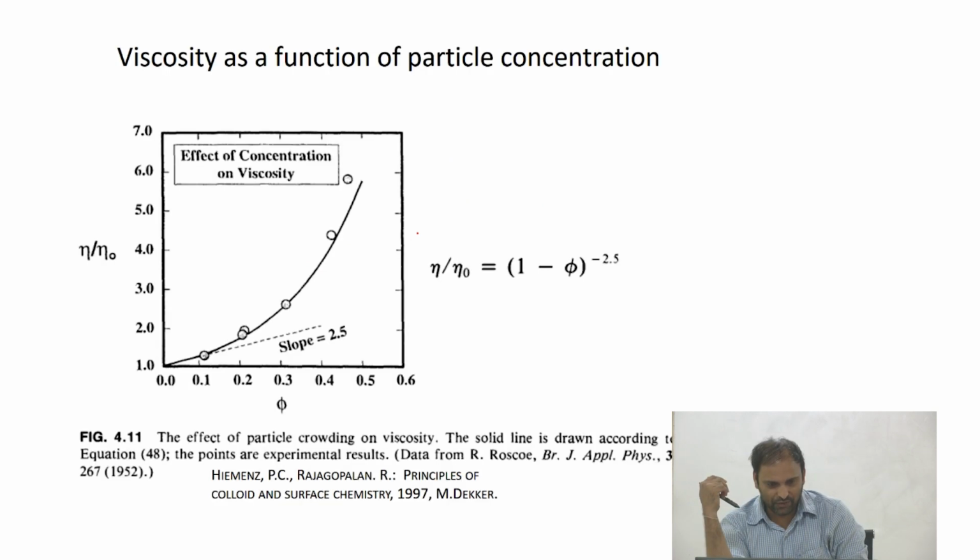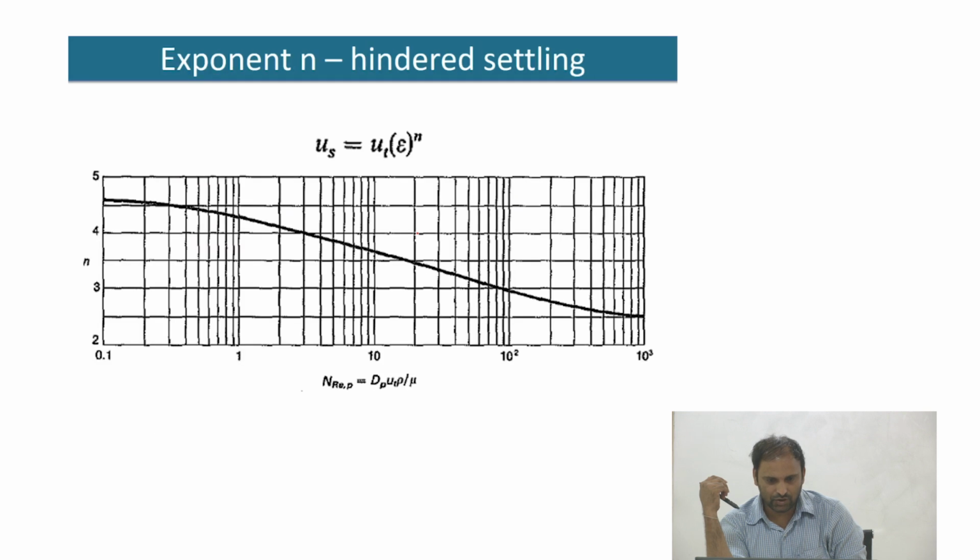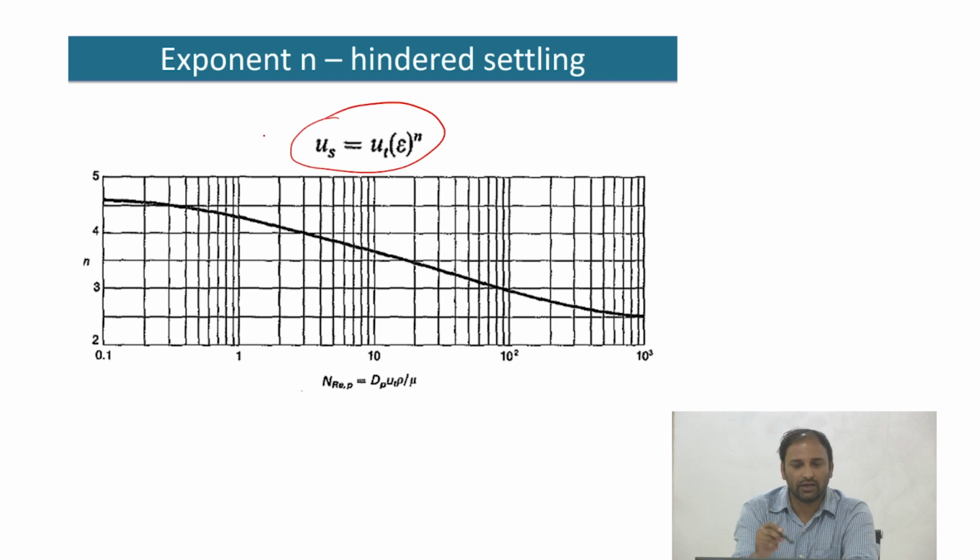And we said that people have proposed some empirical equations of this sort, that is the settling velocity under hindered settling condition goes as the free settling velocity multiplied by some term which depends on epsilon, which is the volume fraction of the liquid that you have in the slurry or the suspension, and n is an exponent that takes different values depending upon what kind of fluid particle system you're working with.